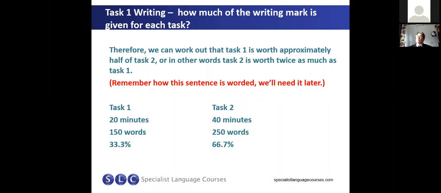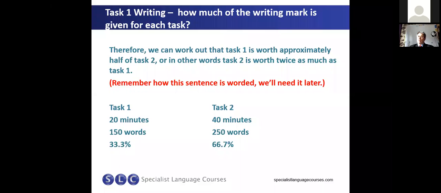That's worth 66.7 of the mark, or 2/3. From this sentence above, we can work out that Task 1 is worth approximately half of Task 2. Or looking at it from the other angle, Task 2 is worth twice as much as Task 1.